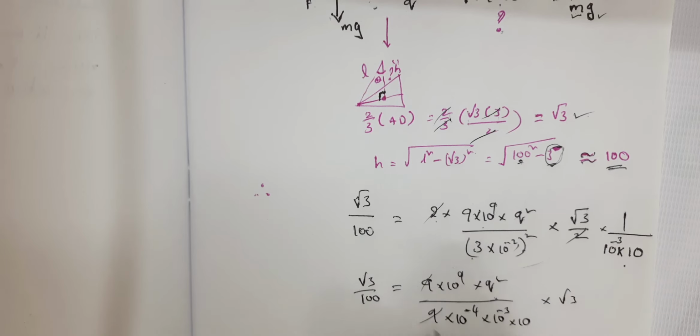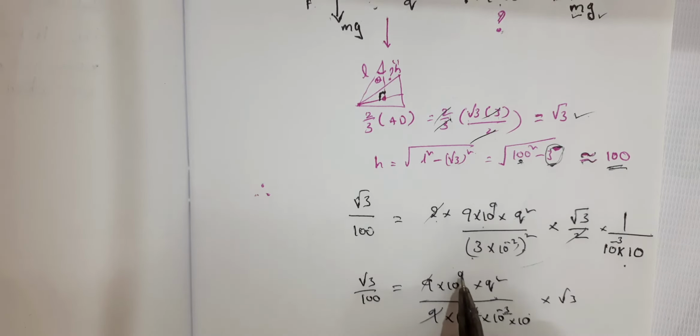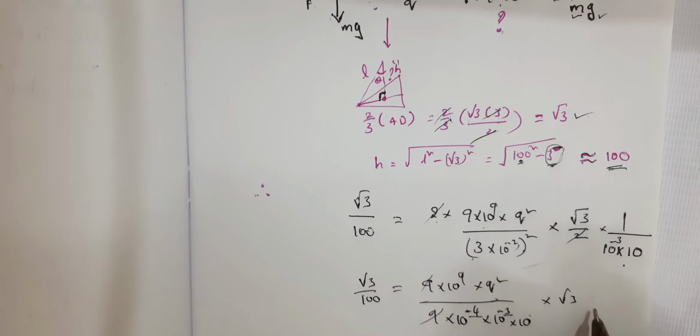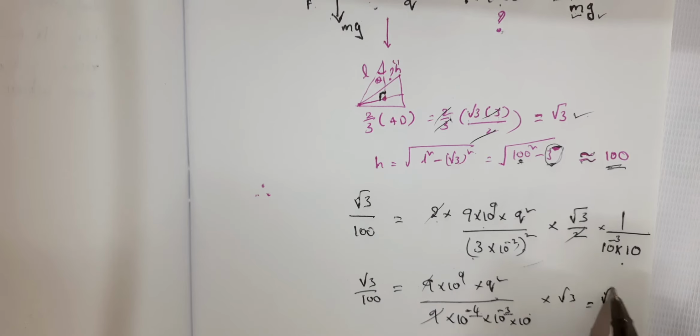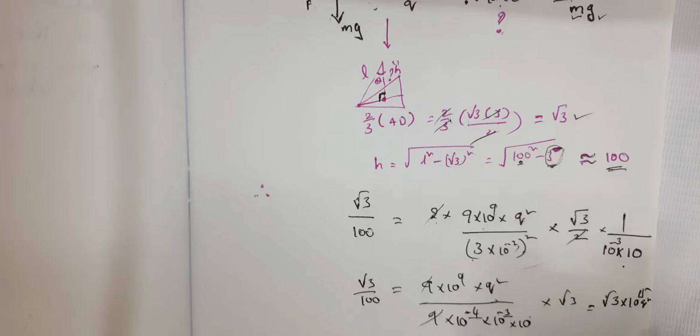So 9 will get cancelled. 10 power minus 4 minus 3 is minus 7 plus 1 is minus 6. Minus 6 when it goes here, it will become plus 6. 10 power 9 plus 6 is 10 power 15. So now this is equal to root 3 into 10 power 15 q square.